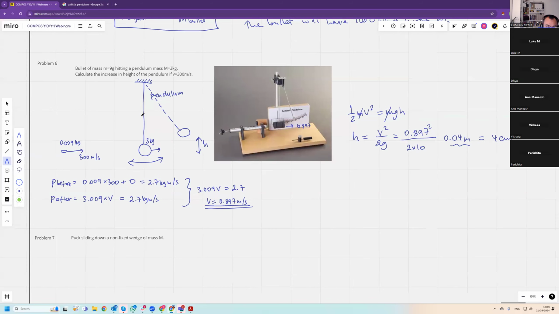And if you know the length of the pendulum, you can work out the angle as well. You'll have a problem like this. And if you know the angle, you can also calculate this distance, x, which is the amplitude.